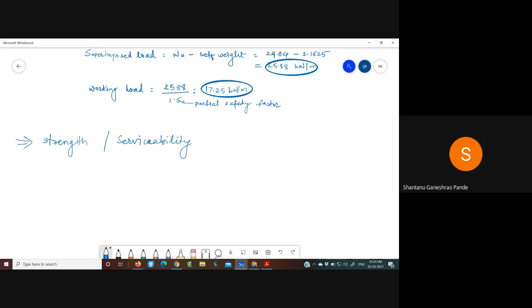Just now we solved one numerical, and therein also we referred to the stress diagram as a base. But when we shift to LSM, we will be dealing with strain diagram. Stress and strain, that is the basic differentiation you will come across when we start with the LSM.